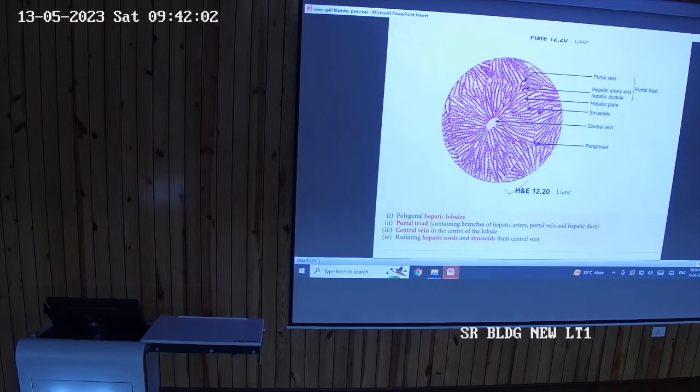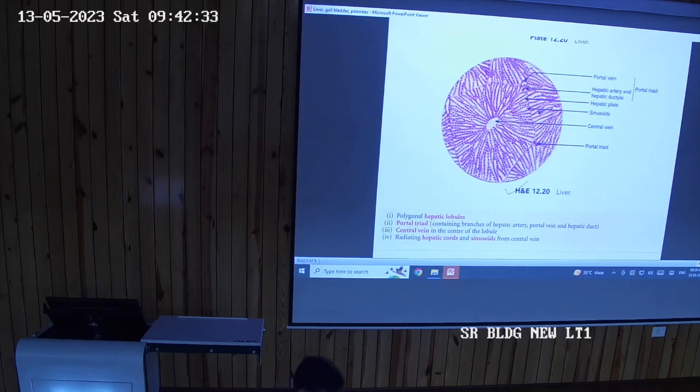The blood coming from the portal vein carries all the metabolites from the digestion of the foods. So the blood from the GIT goes to the liver with these important metabolites, and oxygenated blood comes through the hepatic artery.